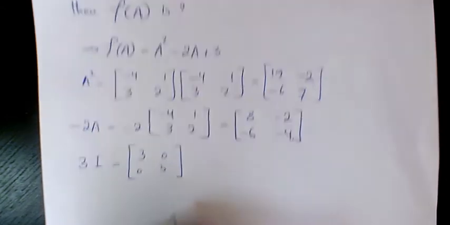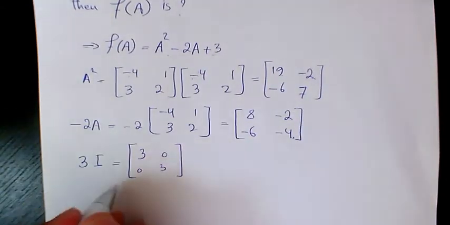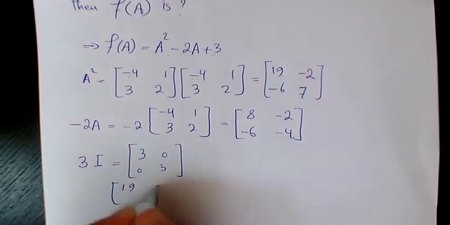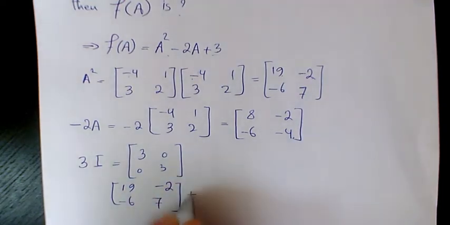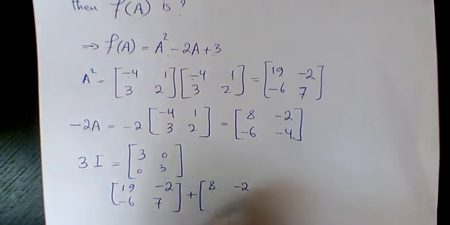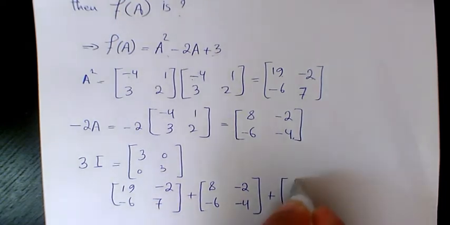Now when we sub it there, it's going to be 19, negative 2, negative 6, and 7, plus 8, negative 2, negative 6, and negative 4, plus 3, 0, 0, 3.